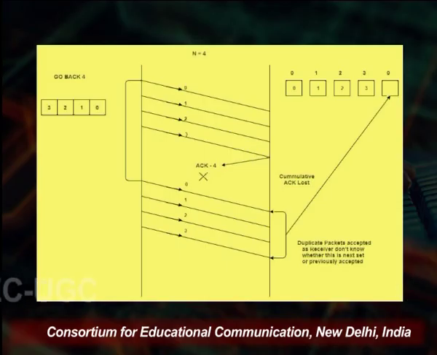ACK4 you can see is lost, and then the sender is going to send 0, 1, 2, 3 again, which are duplicate packets received at the receiver's end, and these should be identified as duplicates and discarded. This is the situation which happens without an extra sequence number.